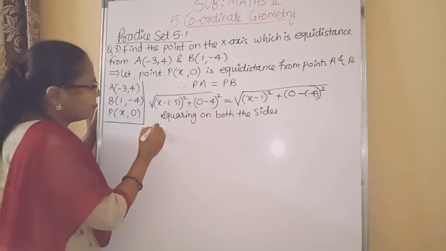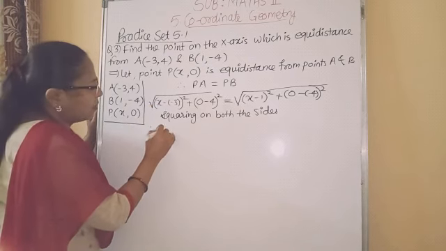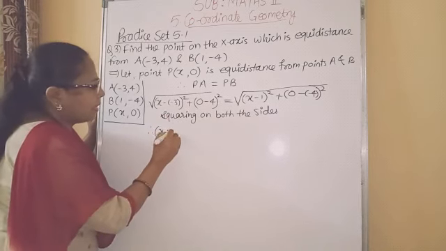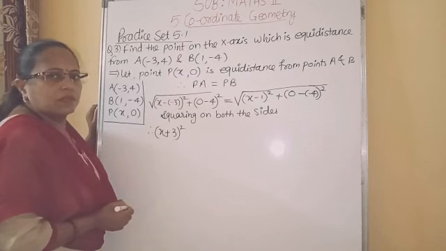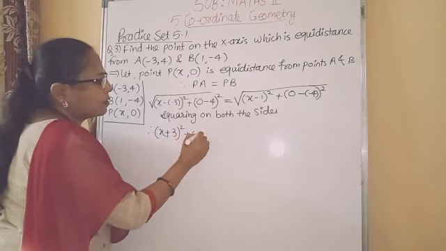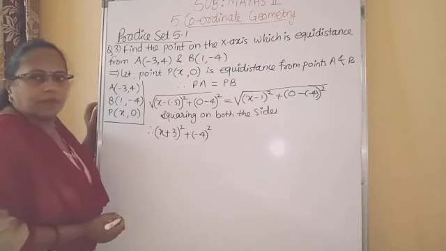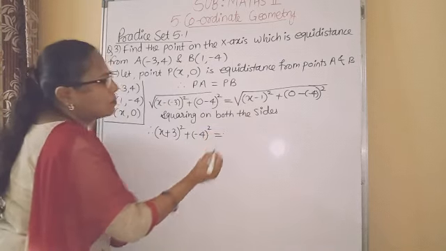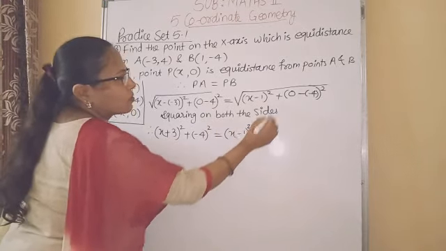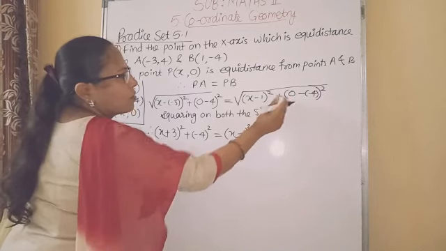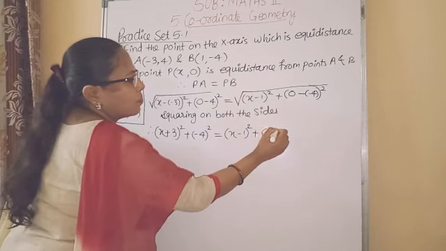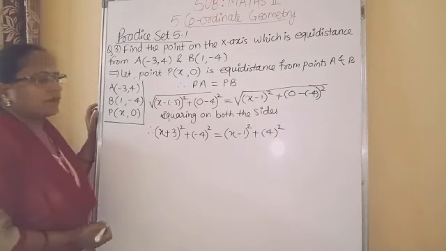So here we will get, therefore x, this minus into minus plus, x plus 3 the whole square plus 0 minus 4, minus 4 square equal to, here x minus 1 the whole square plus again here also minus into minus plus. So 0 plus 4, 4 square.